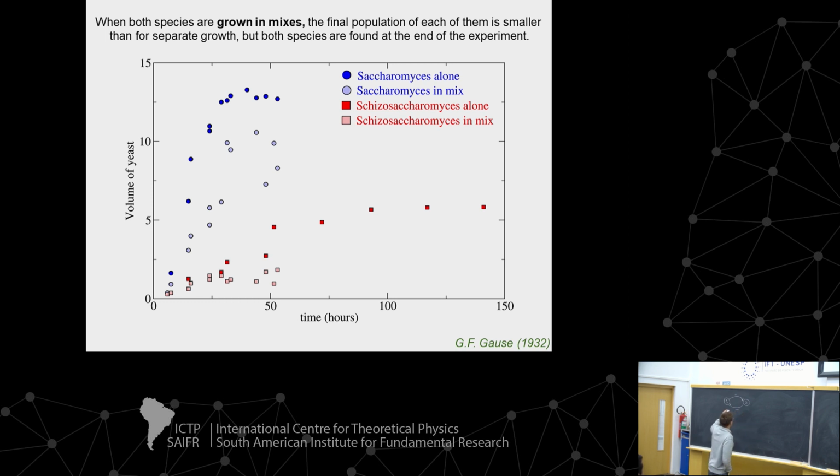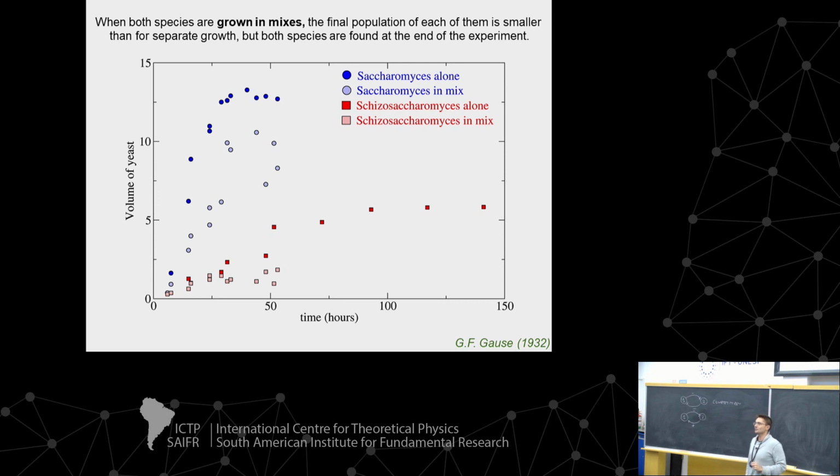Another example of ecological interaction is predation, the prey-predator interaction. In this case, if species 1 is the predator and species 2 is the prey, species 1 inhibits the growth of 2, and 2 promotes the growth of 1. Do we have some example of the prey-predator interaction?